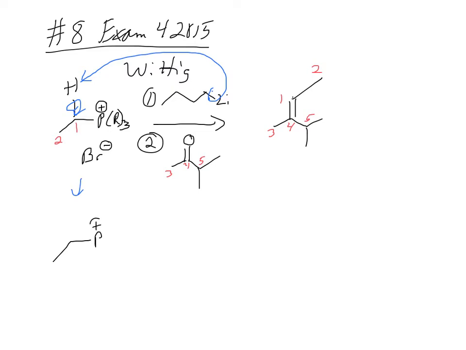So nothing happened to the phosphorus, it's just kind of along for the ride. There's a minus charge now on carbon 1. You made butane, which is a gas that just bubbles out of the solution. That's where this carbon right here essentially had a negative charge and lithium had a plus charge.